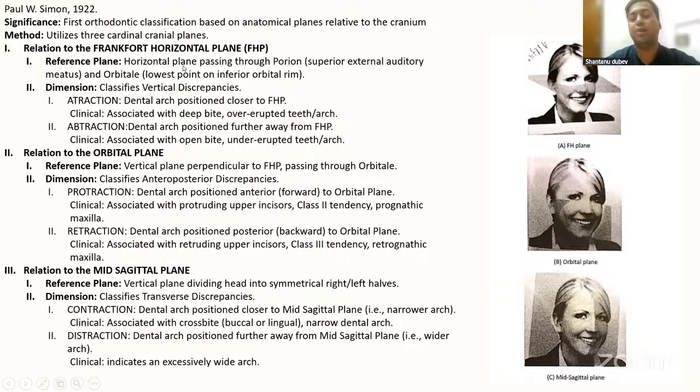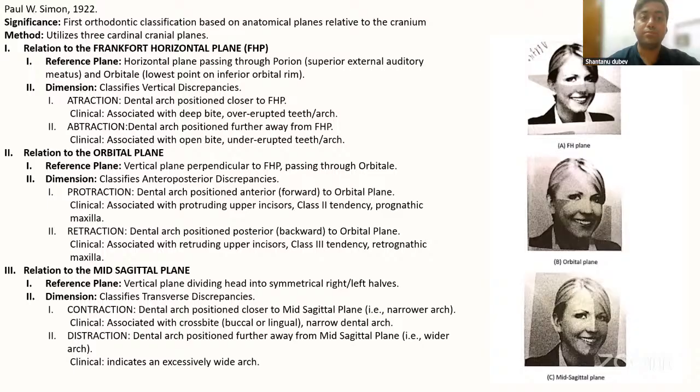Finally, otherwise you'll have to mug up the Frankfurt horizontal plane. He used the term attraction when the teeth are moving up towards the Frankfurt horizontal plane, which would be the case in open bite, where the incisors are less erupted, or abstraction when they are moved further away from it. That would lead to deep bite if we are talking about the upper teeth.